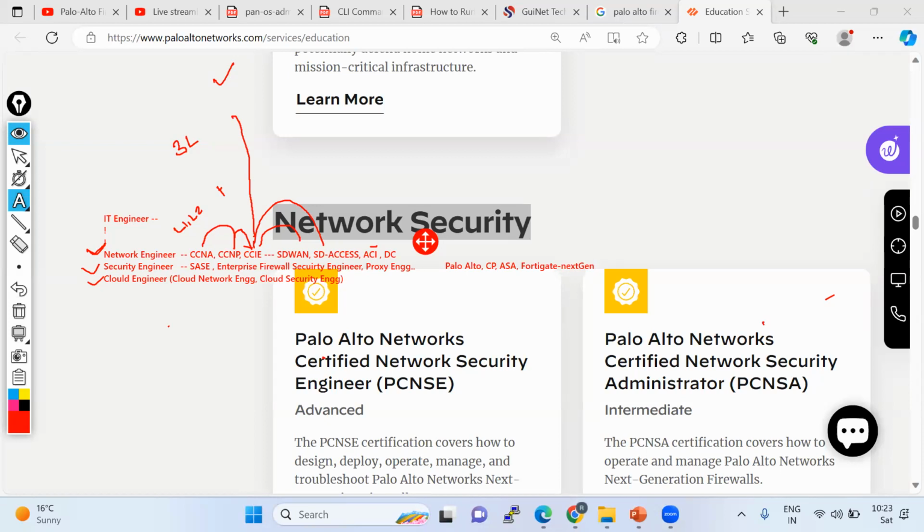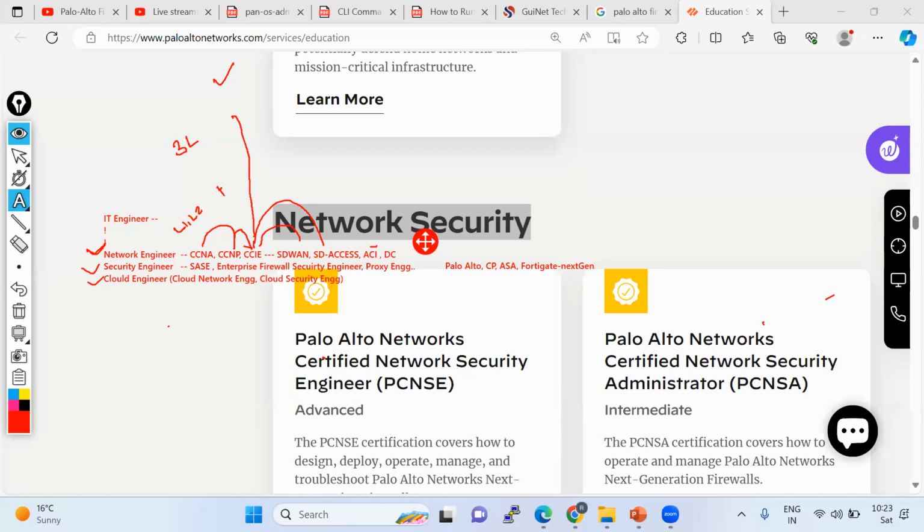So if I'm talking about the networking infrastructure, that means your offices should be secure, your data center should be secure, the user sitting in the office and accessing any application should be secure, and user devices downloading or uploading any data from any file server, any drive, or any other third-party application should be secure.